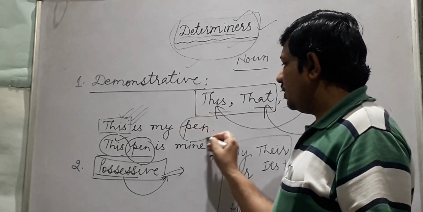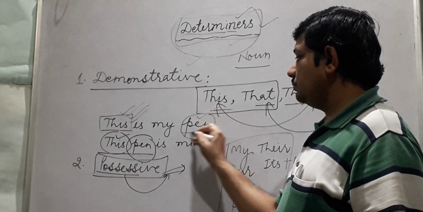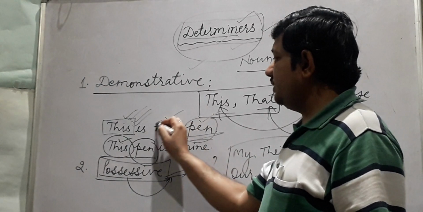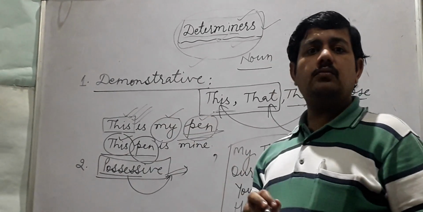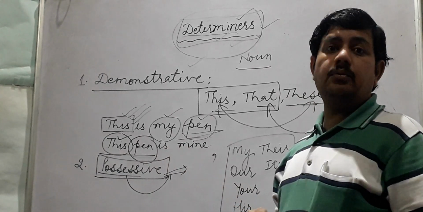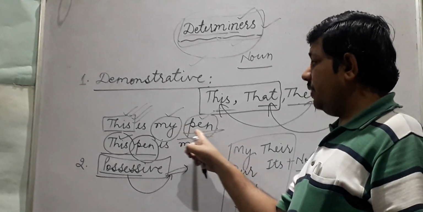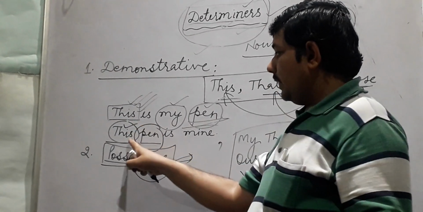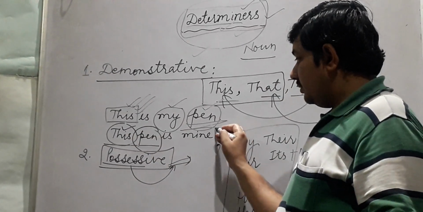Pen here is what? A noun. And the word my is again a possessive determiner. It is coming just before the noun.